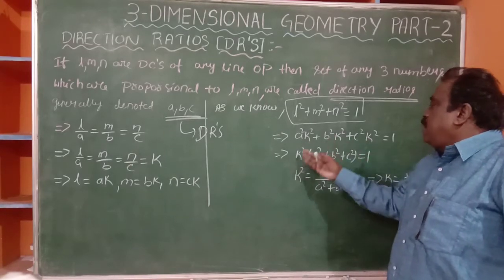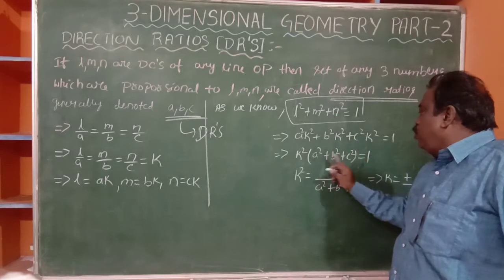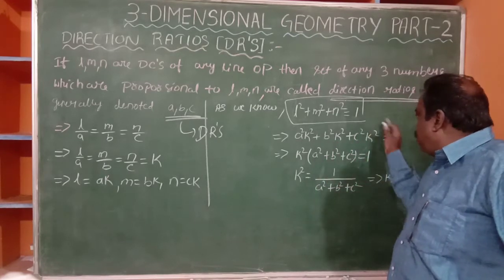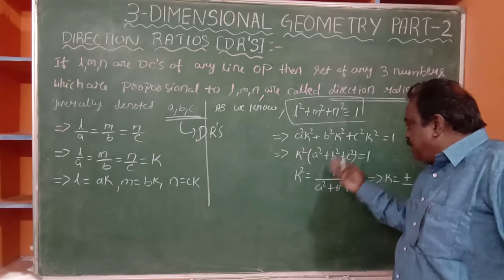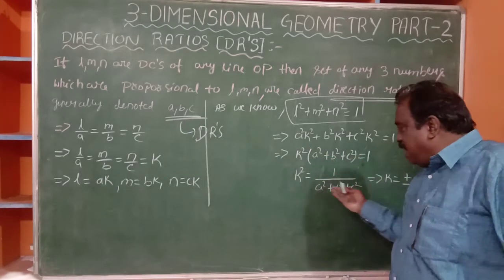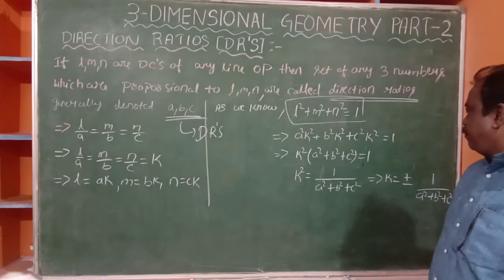Taking K square as common, A square plus B square plus C square is there, equal to 1. So K square is equal to 1 by the sum of squares of those DRs, A square plus B square plus C square.